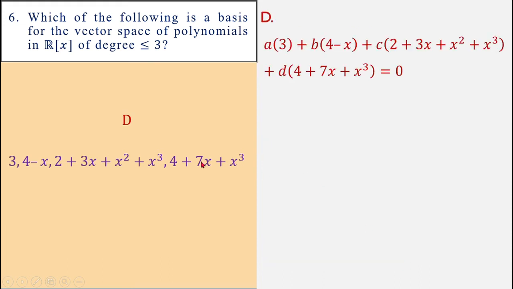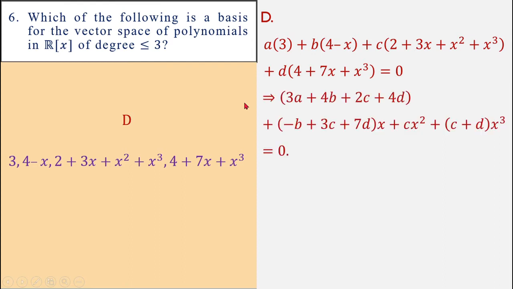Here, if we write these 4 vectors in a linear combination and equate it to 0, a times 3 plus b times 4 minus x plus c times 2 plus 3x plus x square plus x cube plus d times 4 plus 7x plus x cube is equal to 0.